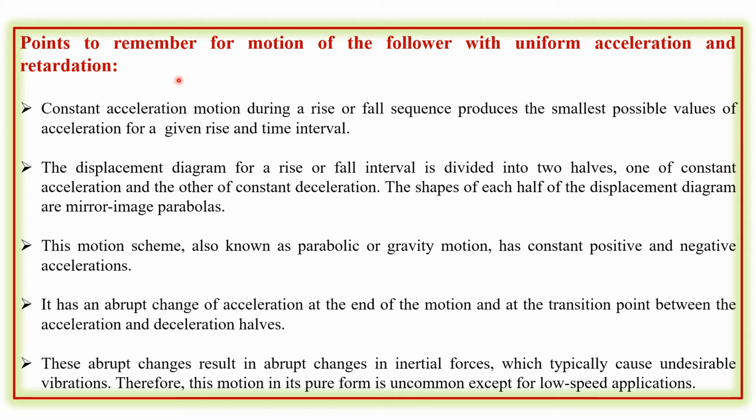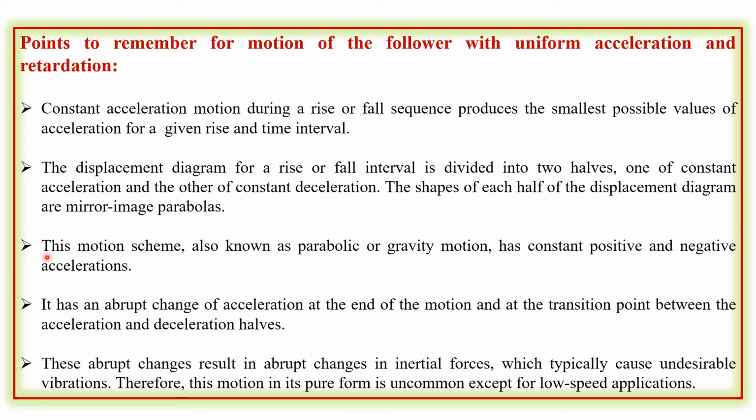Now there are certain points that you should remember for motion of the follower with uniform acceleration and retardation. Constant acceleration motion during a rise or fall sequence produces the smallest possible values of acceleration for a given rise and time interval. The displacement diagram for a rise or fall interval is divided into two halves, one of constant acceleration and the other of constant deceleration. The shapes of each half of the displacement diagram are mirror image parabolas.